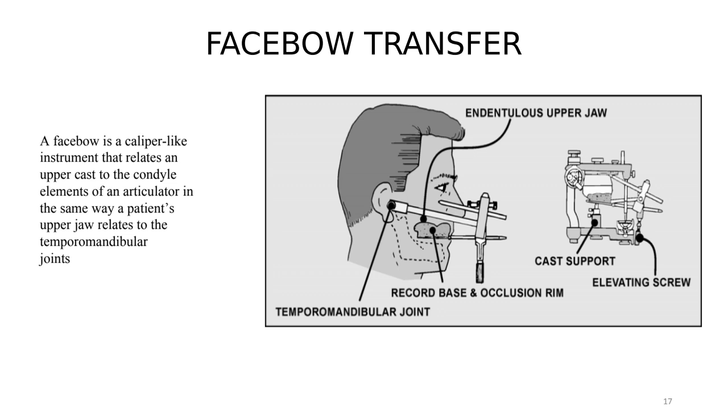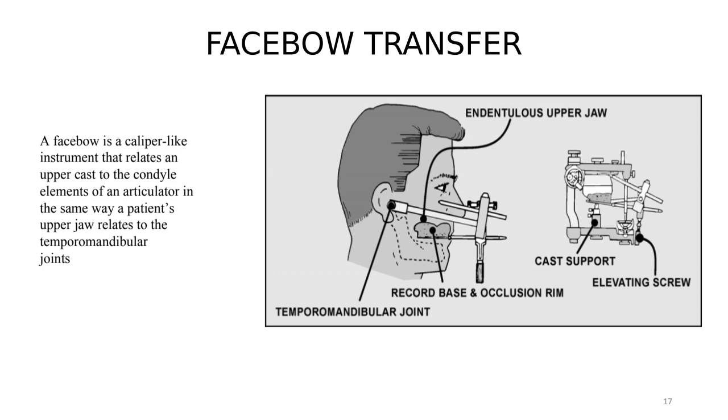Each articulating system has its own facebow. They're not interchangeable. So make sure when you receive a facebow from a dentist, you understand what articulator system they're using, so you mount the case on the same articulator.